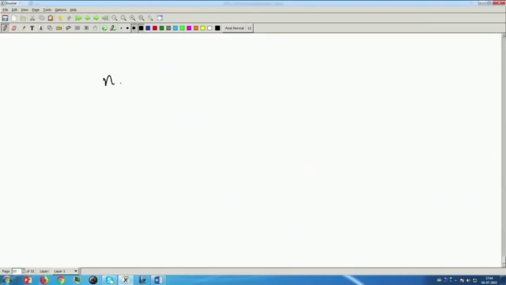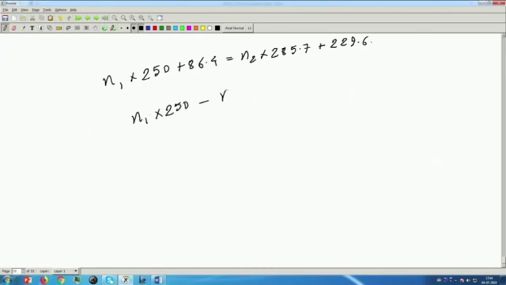So, N1 into 250 plus 86.4 is N2 into 285.7 plus 229.6. So, the equation is N1 into 250 minus N2 into 285.7 is 143.2.